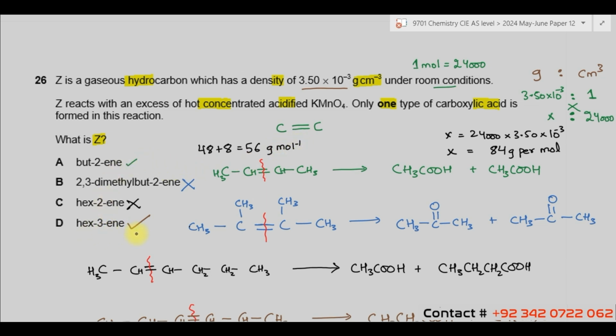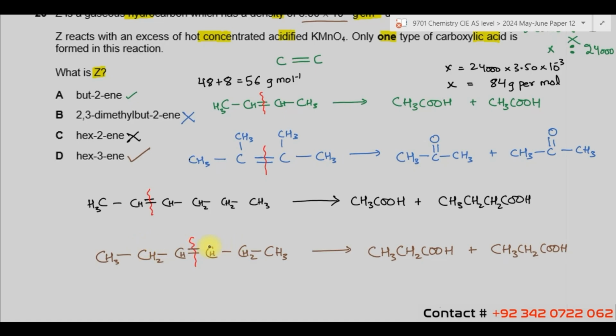For hex-3-ene, we have 6 carbons, 12 into 6 is 72, plus 12 hydrogens. So it's 84 grams if it was 1 mole. Now the density given corresponds to 84 grams per mole, which is similar for D.